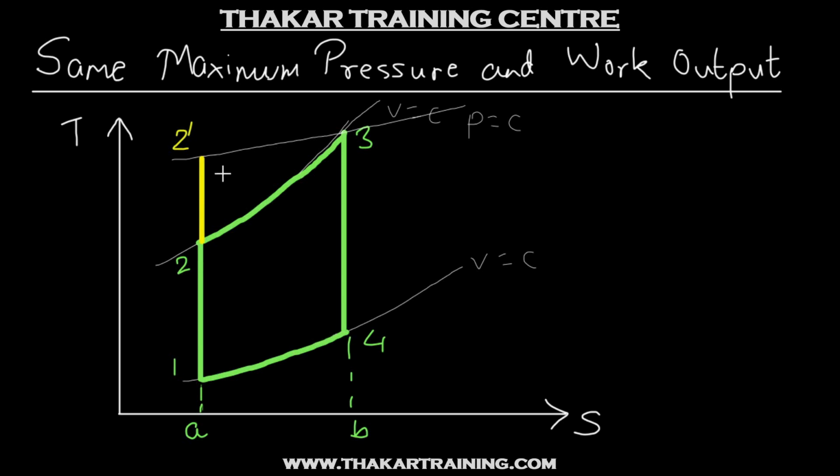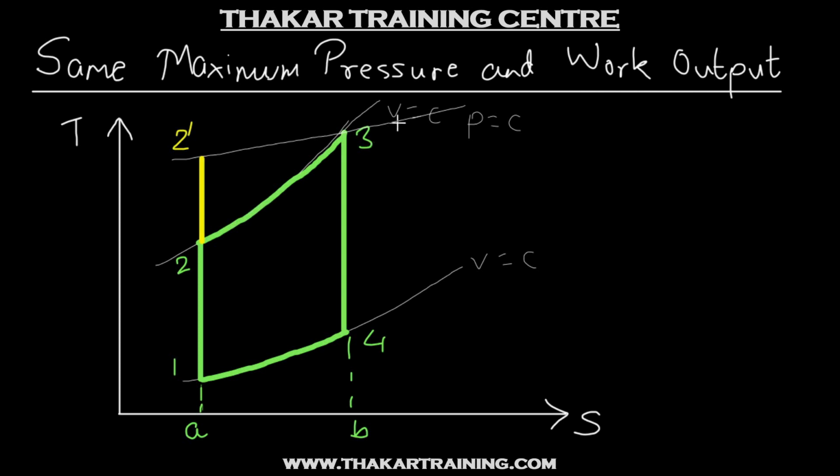Now if point 3 goes beyond this point 3 of Otto cycle, so suppose point 3 we mark over here, then point 4 will be somewhere over here. Then the work output of the diesel cycle will be more than the work output of the Otto cycle, which violates what condition we are working on. We are working on the case where the cycles produce the same work output.